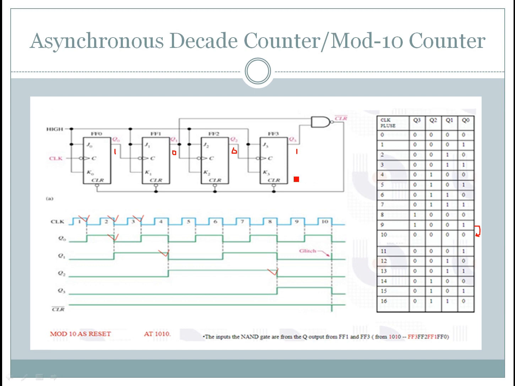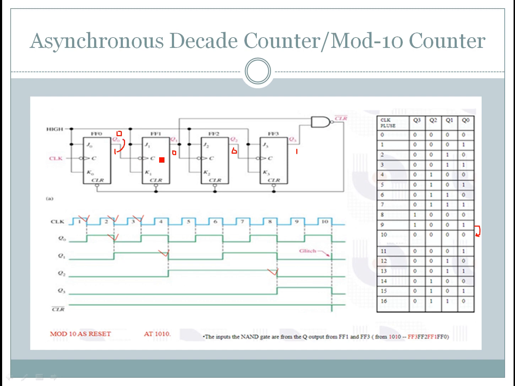Now the current state of the counter is 1001. So for the next negative edge of the clock, what happens? The very first flip-flop toggles its output from 1 to 0. And now this 1 to 0 transition is again a negative edge.